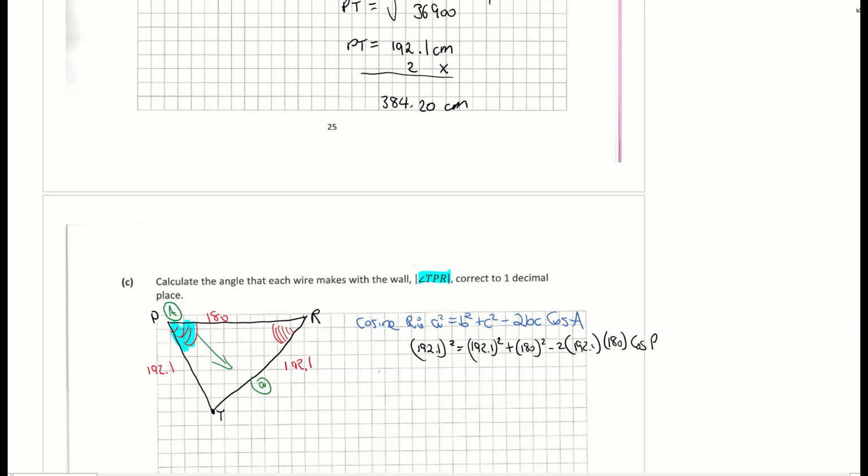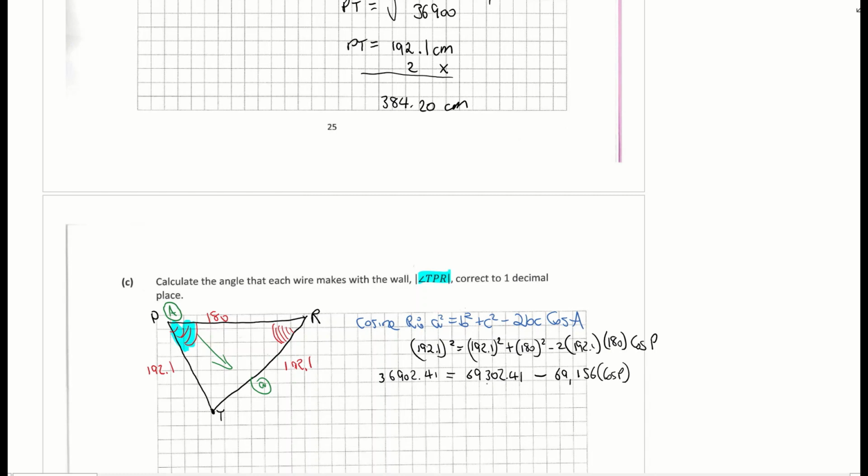So when I square 192.1, I get 36,902.41, and that is equal to, when I square 192.1 and add 180 squared, I get 69,302.41. Then I'm going to subtract 2 multiplied by 192.1 by 180, and that's giving me 69,156 times cos of P.